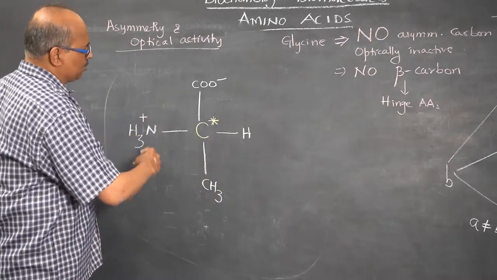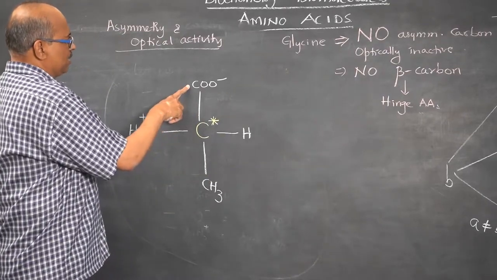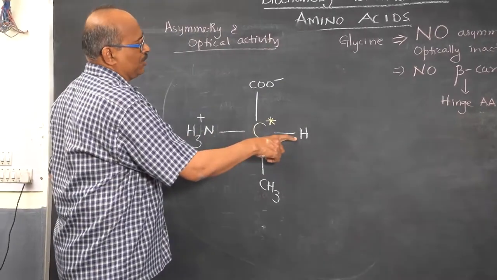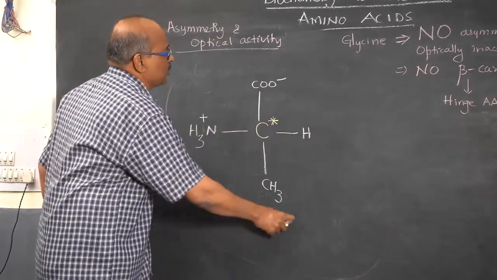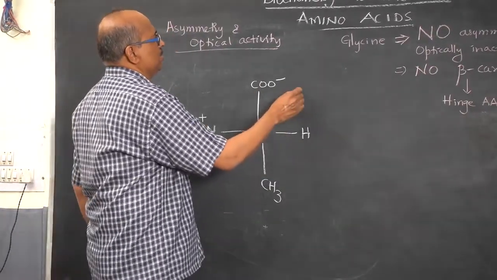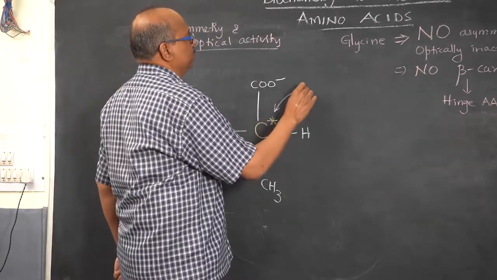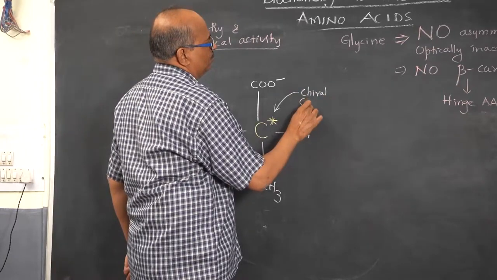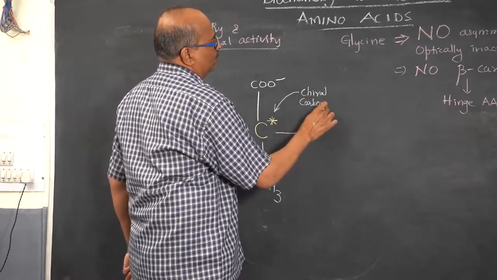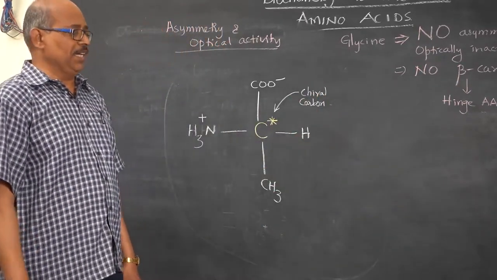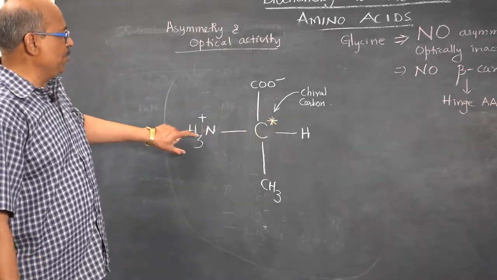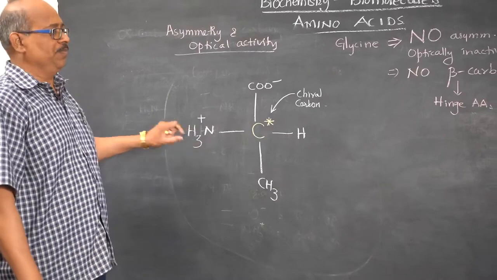So in terms of the earlier case, A is COO minus, B is NH3 plus, C is CH3, D is hydrogen. None of the four groups are similar, so this is a chiral or asymmetric carbon.